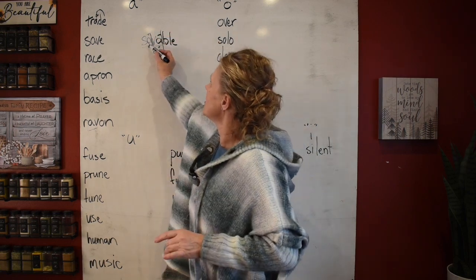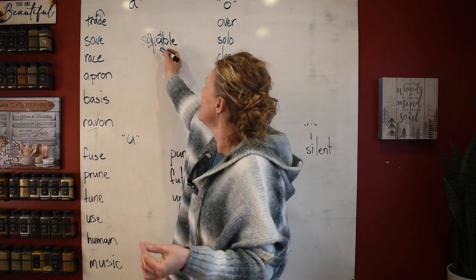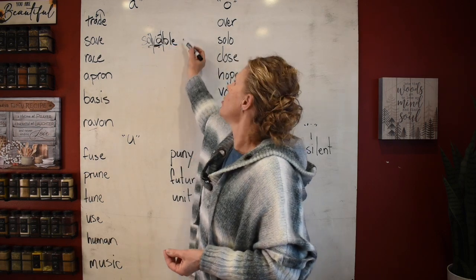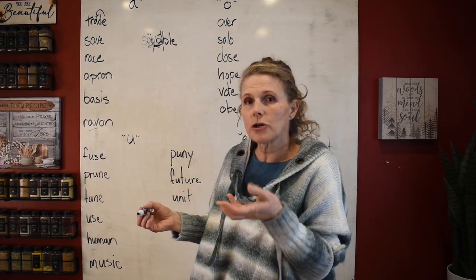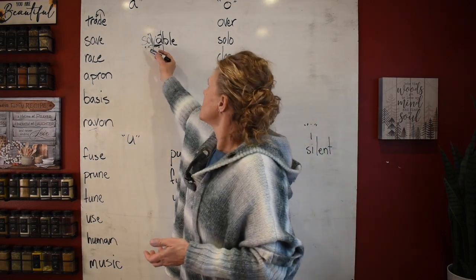So this is its open sound. It's saying A because it's open. Say, va. Now this is turning to schwa. But almost always A-B-L-E, able, turns to schwa when it is the suffix. So savable.